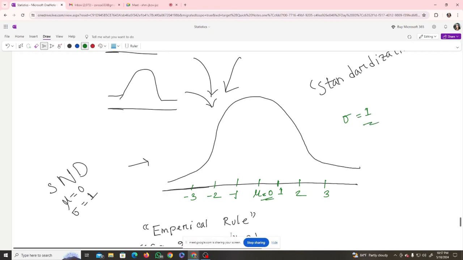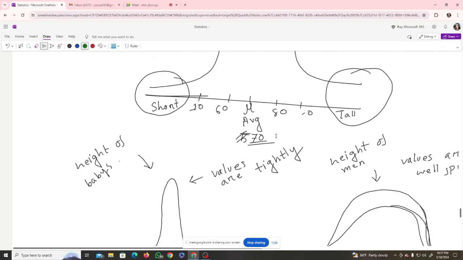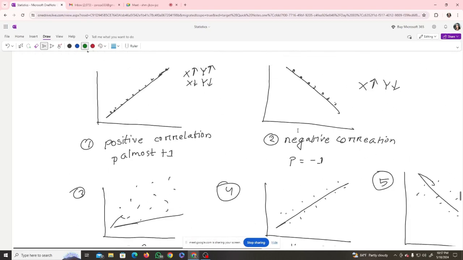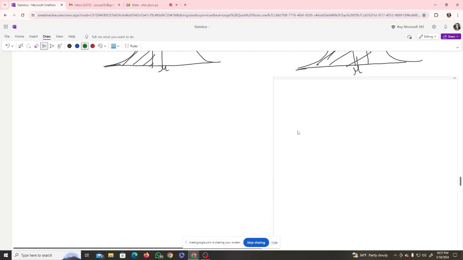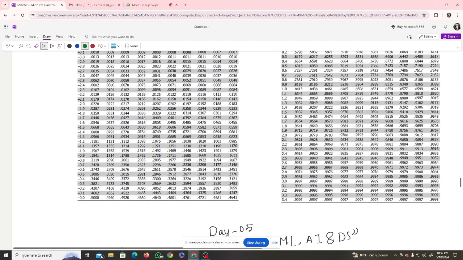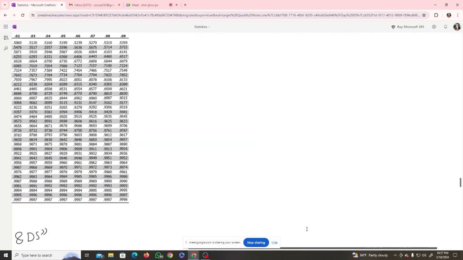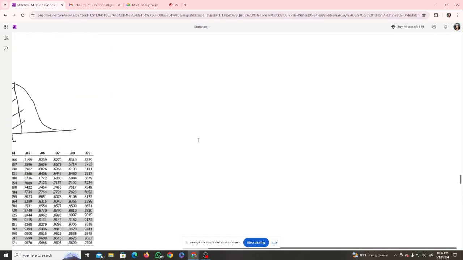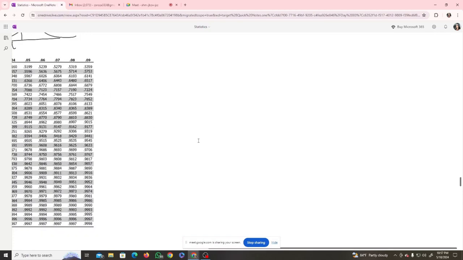Now let's practice some math and let's understand how we can convert a normal distribution to a standard normal distribution, by which we can do it. Okay, so let's do it in this portion. Since we need the z table, all right.